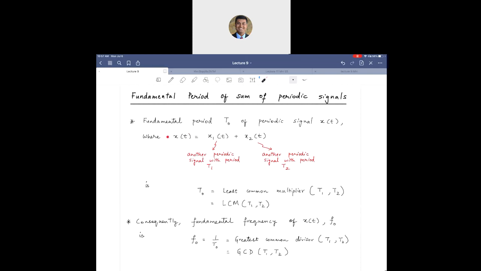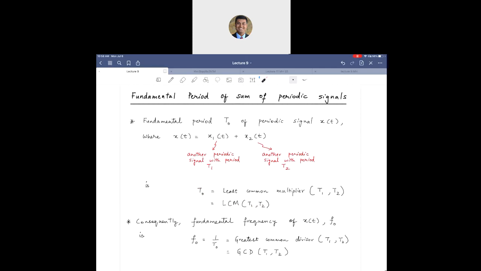If I want to find the fundamental period T sub 0 of x of t, then T sub 0 is simply the least common multiple of T1 and T2. So I need to find the LCM of T1 and T2, and that will give me the time period of the sum of those periodic signals.